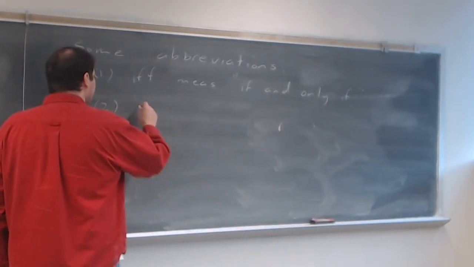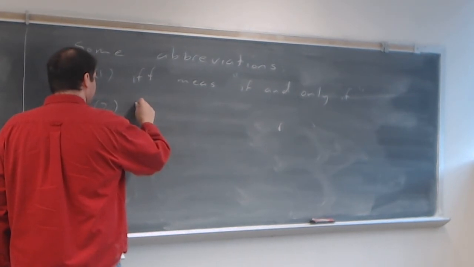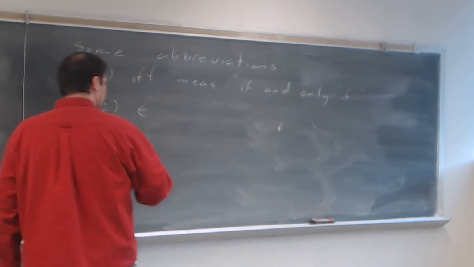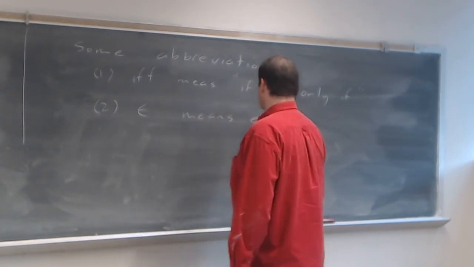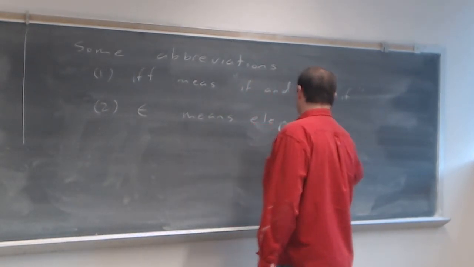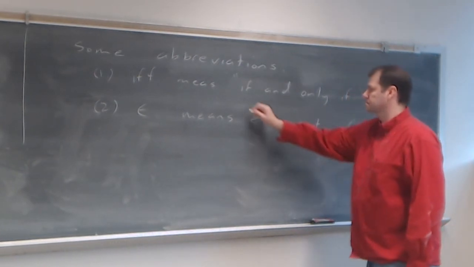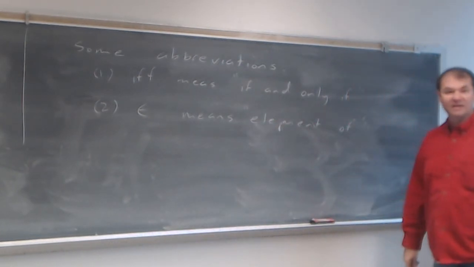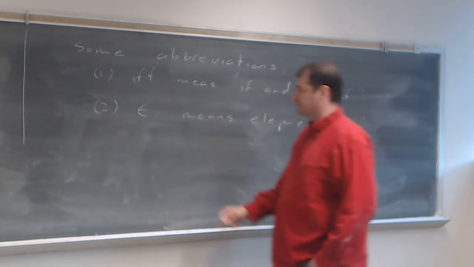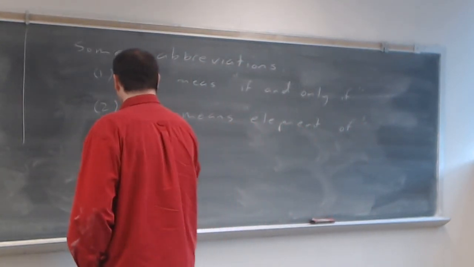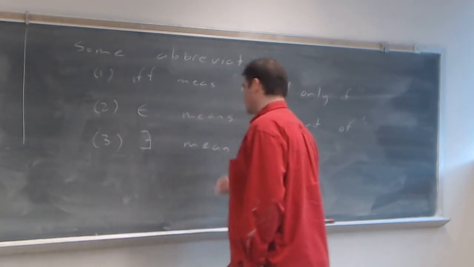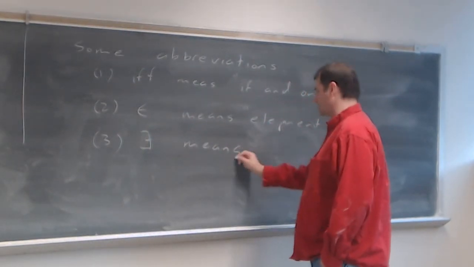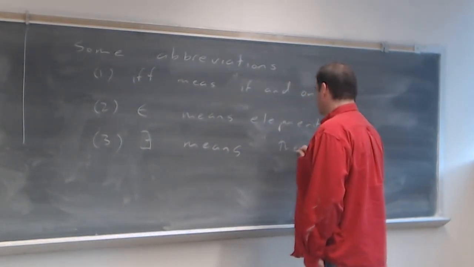This symbol here means element of. Okay? So it belongs to a collection. 3. This symbol here, this backwards capital E, means there exists.